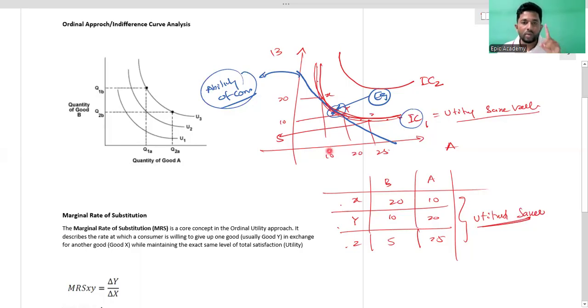That's the point where this particular consumer can reach the maximum level of consumption utility. This is the methodology where, in the ordinal approach, you can calculate the maximum point of satisfaction.